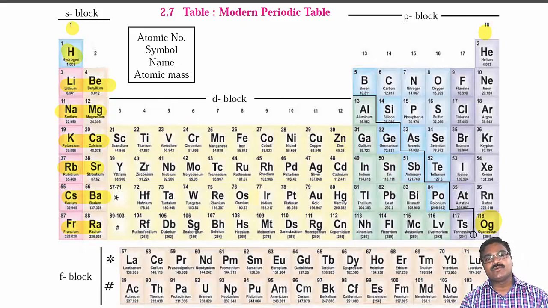That means they show properties of metals as well as some properties of non-metals, and therefore they are known as metalloids. Now you can see that in the modern periodic table elements are separated into 4 blocks, as well as there is a separation between metals and non-metals.